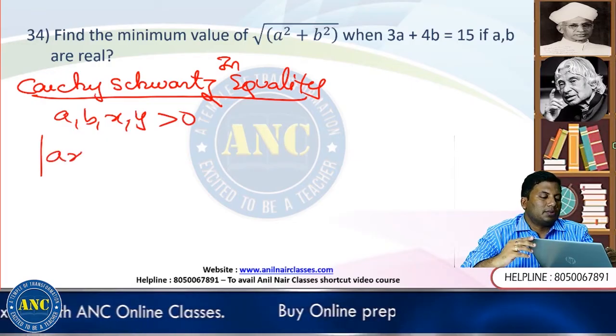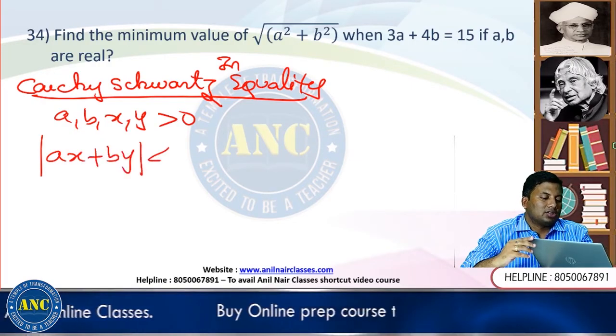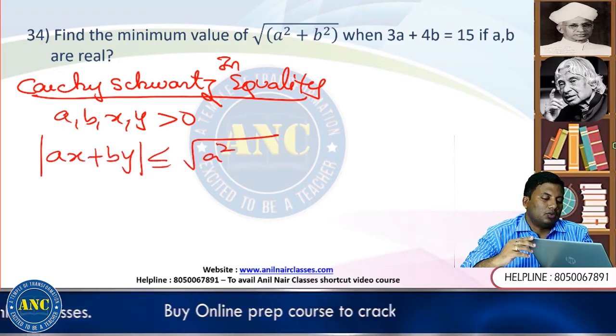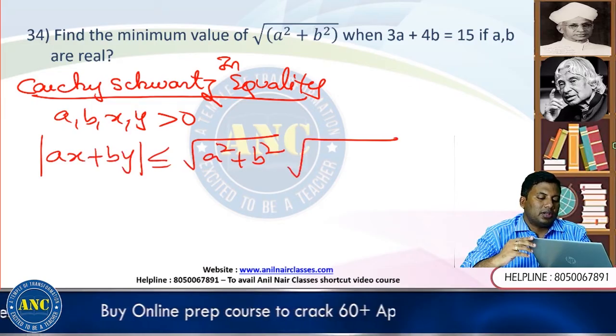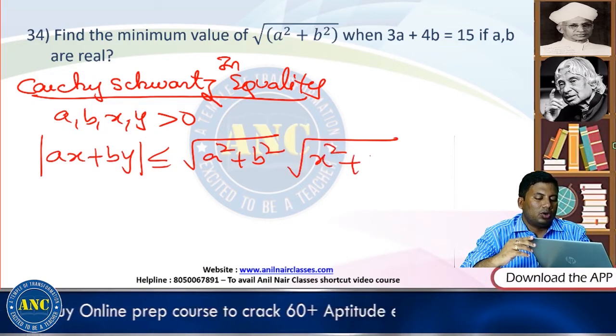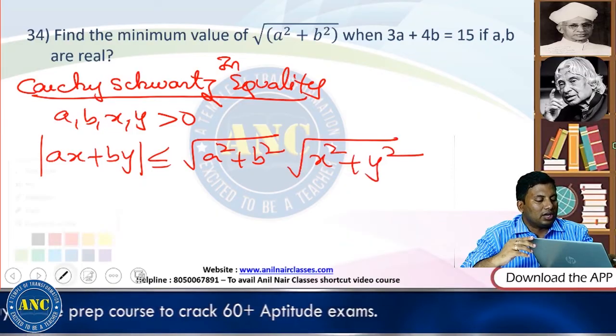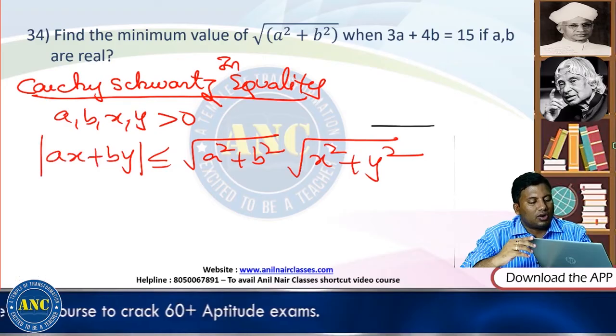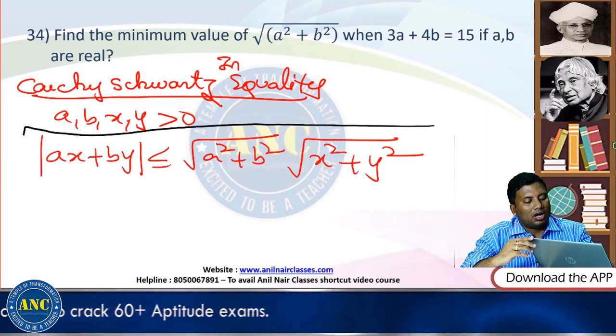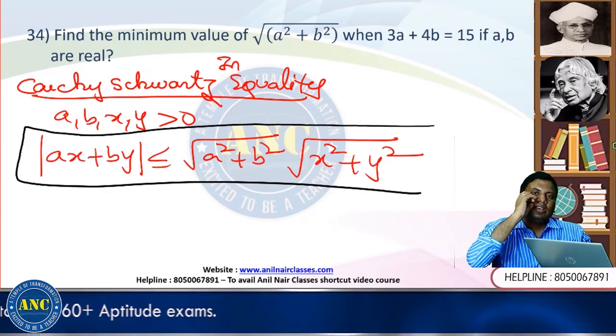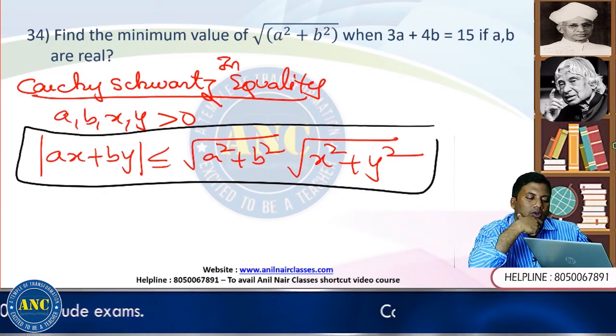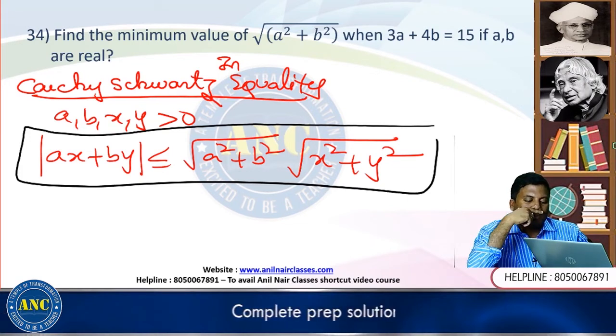Mod AX plus BY is always less than or equivalent to root of A square plus B square into root of X square plus Y square. Please write this Cauchy-Schwarz inequality. Mod of AX plus BY is always less than or equivalent to root of A square plus B square into root of X square plus Y square.